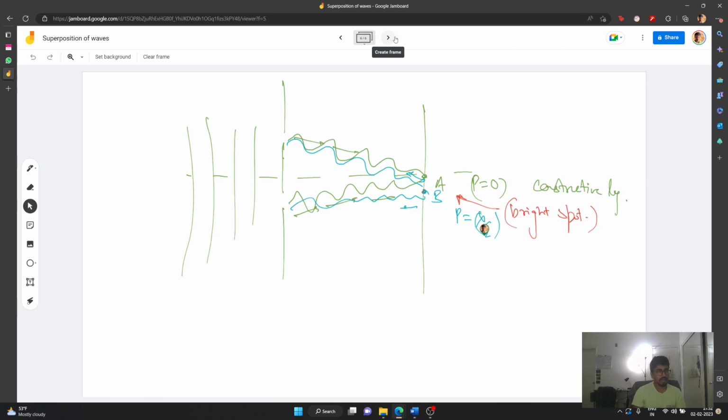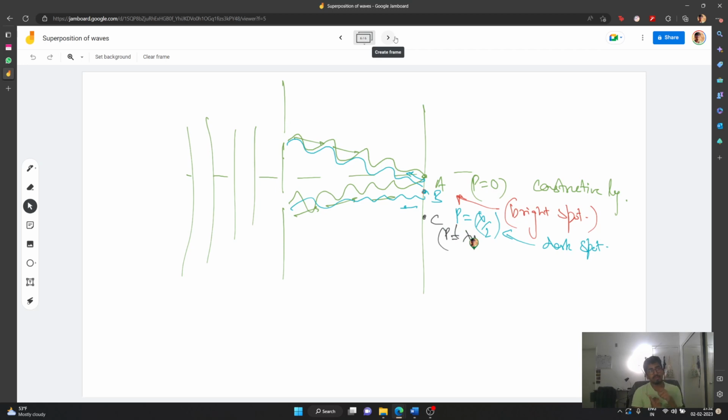At that point, you will have a destructive interference. So this will be a dark spot, right? Destructive interference. Then similarly, if you move further down, the upper path, the green path, the blue path will have a little less again. And maybe you get to a bigger path difference, which is equal to lambda.